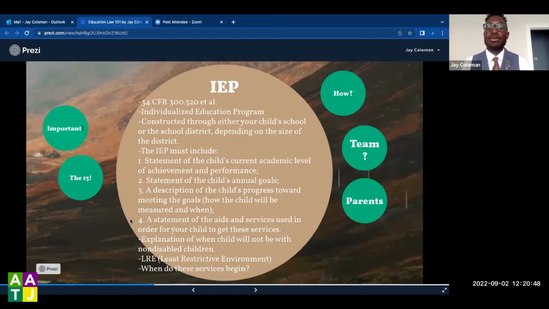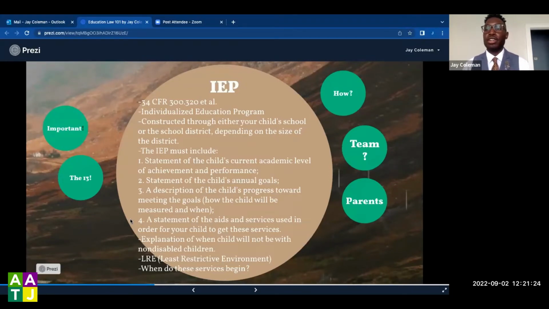There also must be an explanation of when the child will not be with non-disabled children. And that goes into the next sub point, which is LRE, the least restrictive environment. So even though your child is disabled, they do not have to be just confined to a room with disabled children all day if they are able to function with non-disabled children. The IEP, the goal of it is to make sure that your child is in the least restrictive environment. A least restrictive environment will be a traditional classroom.